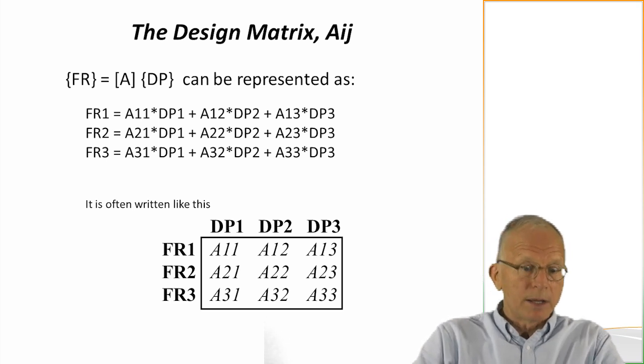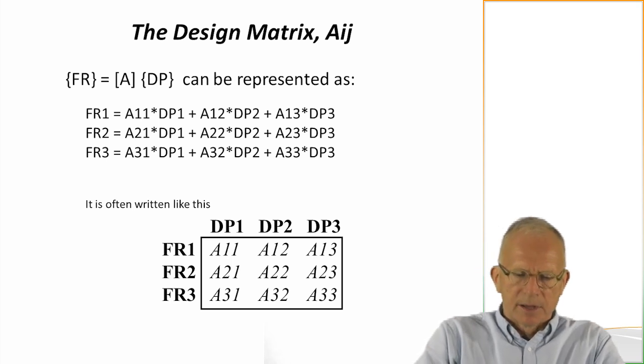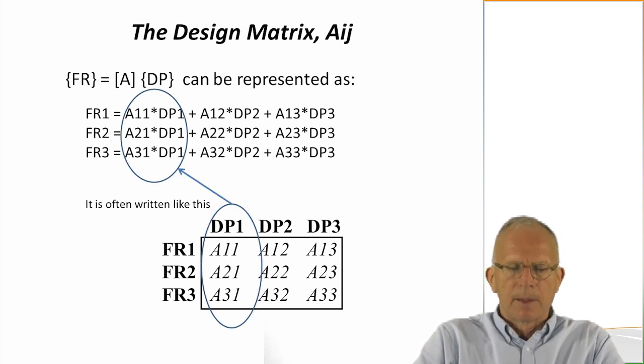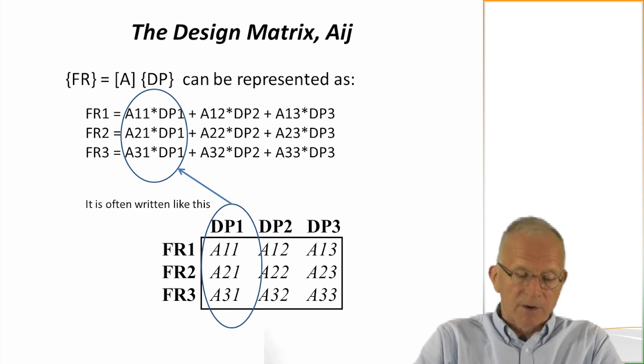Now sometimes we write the matrix multiplication like this, and then we multiply down by the DPs and add across to get the FRs, and this looks a little bit more clear. So here's, for example, where DP1 is going to fit in, multiplying all of the first column in the A matrix, or the design matrix, and becoming the first terms in these three equations that define the three FRs.